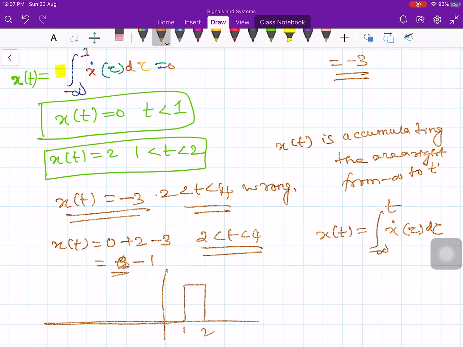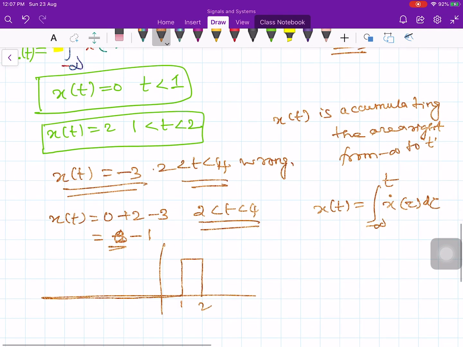Then between 2 and 4, its height is minus 1. Then from 4 afterwards, it is plus 1, and it keeps on going. So you get back your original signal x of t from x dot of t by integrating. So this is x of t, with 2 units, minus 1, plus 1, that's it.